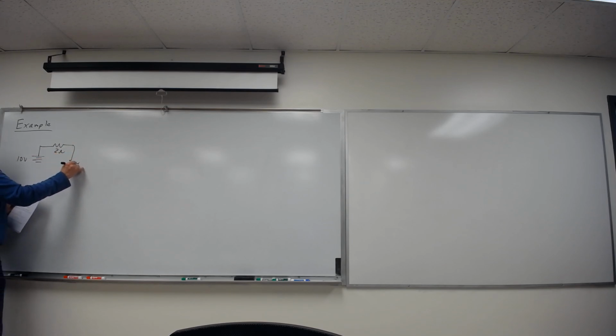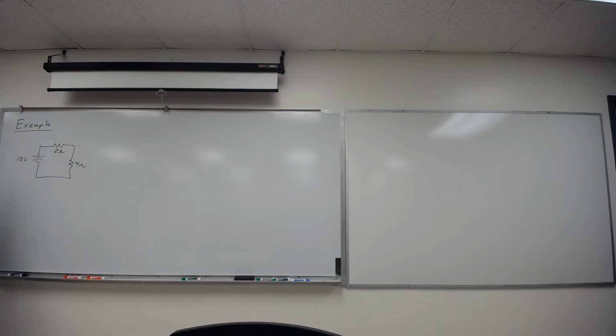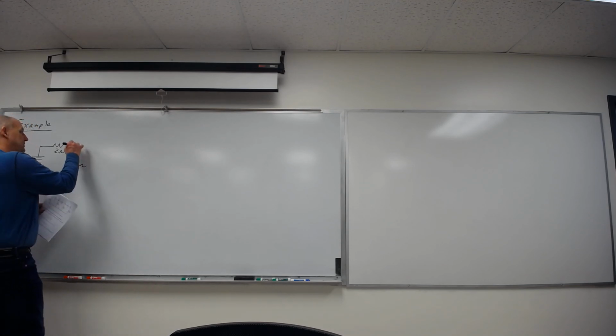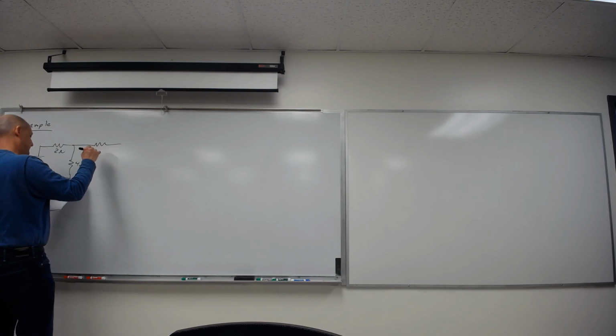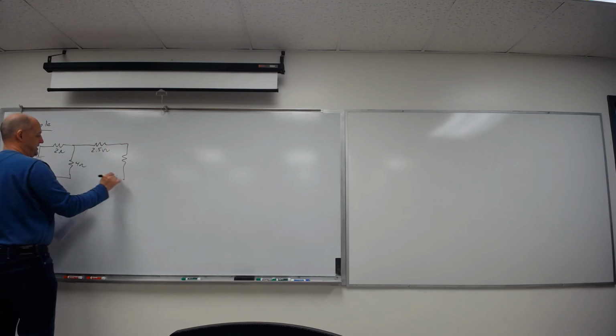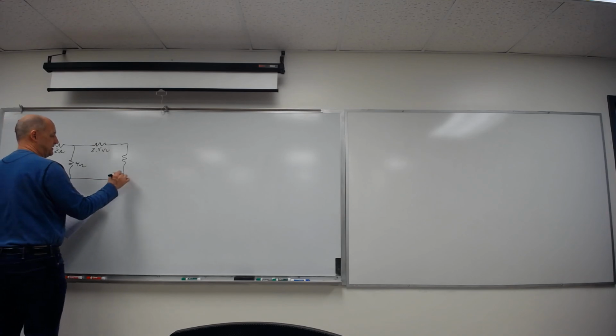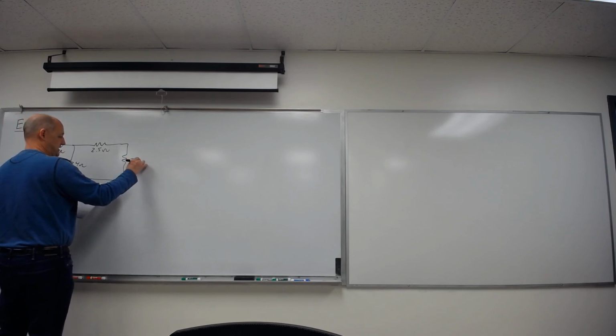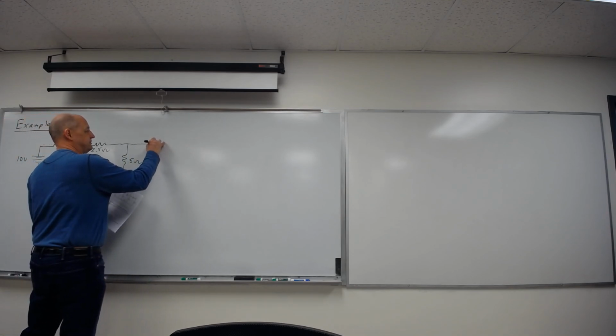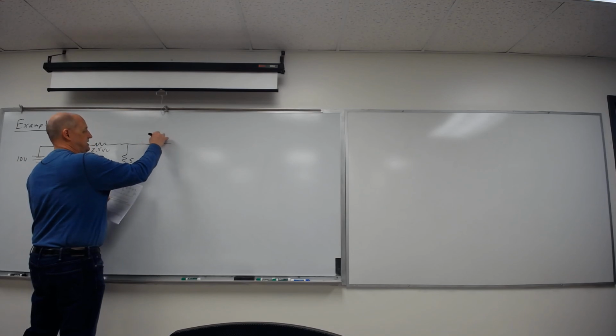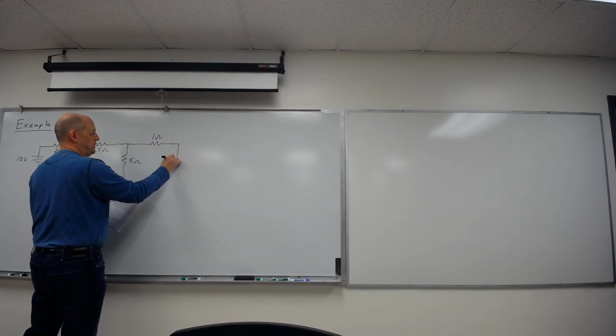Incidentally, I'm grabbing this one out of the textbook, so when you refer back to it, they do it different than me, but you at least have the numbers sitting in there. 2.5 ohms. I picked small resistances here so that this should be a fairly straightforward problem to work.